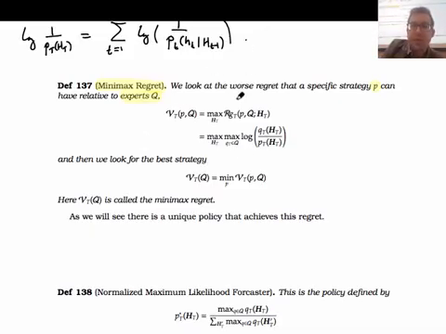So V of T of Q gives us the best policy that I can come up with for the worst case scenario. Here, V of T of Q is called the minimax regret.